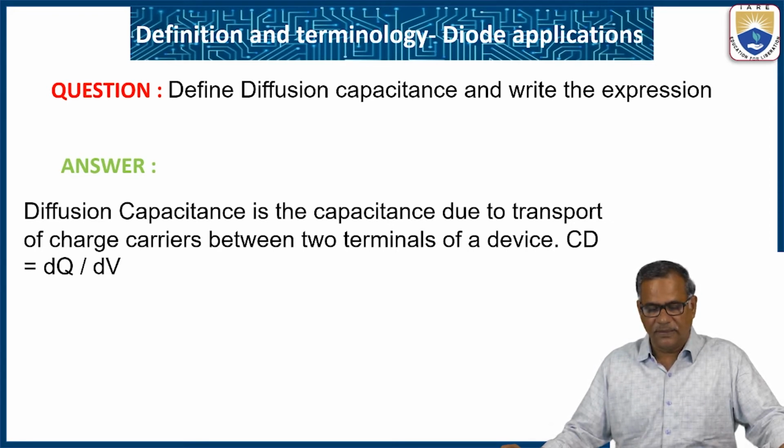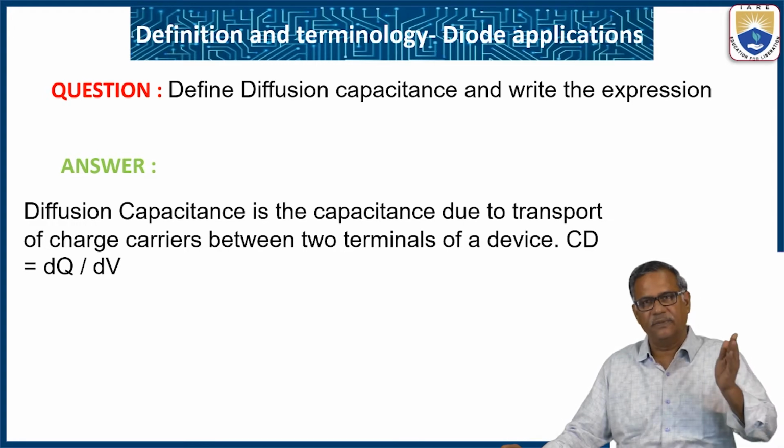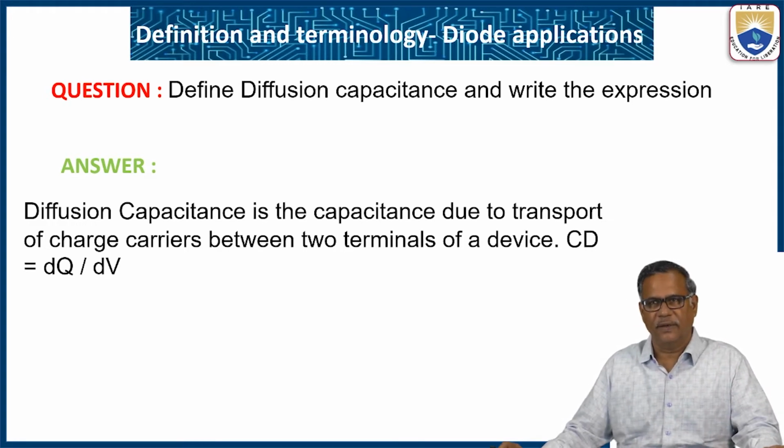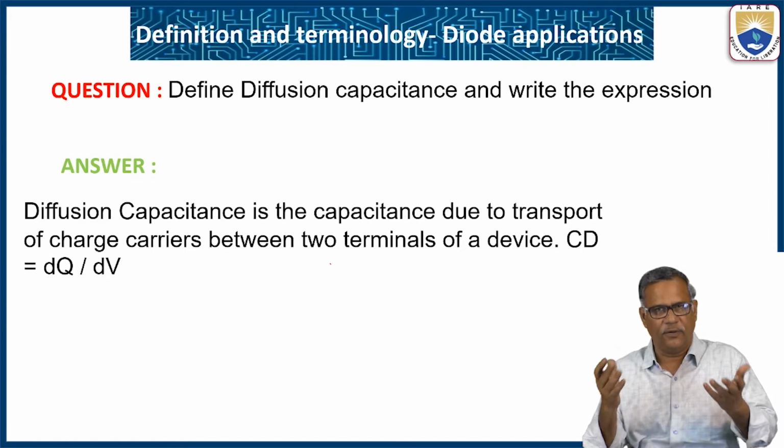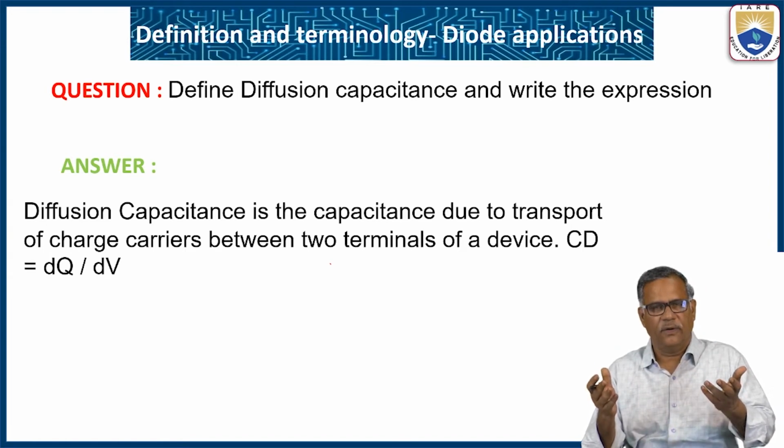Next, define diffusion capacitance and write the expression. Diffusion capacitance is a capacitance due to the transportation of charge carriers because of concentration gradient, and it occurs between the two terminals of a device, and the formula is dq by dv. So in a PN junction diode, if you apply a forward bias, what happens?